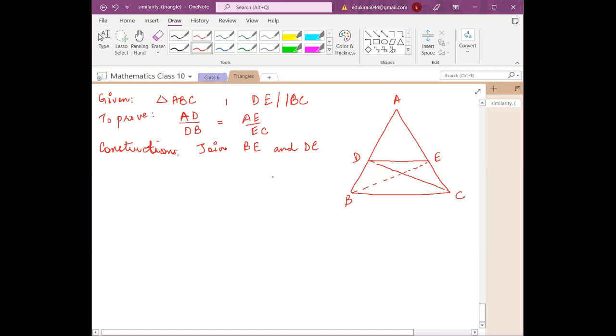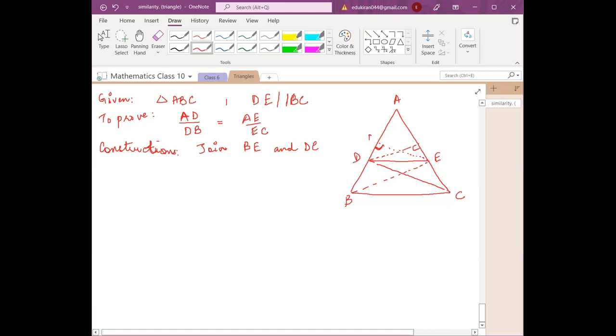Okay. Now another construction is that I'll drop a perpendicular here. Perpendicular means that this angle is going to be 90 degrees, right? Yes, ma'am. Okay, and I'll drop another perpendicular here. So this angle will be 90 degrees.